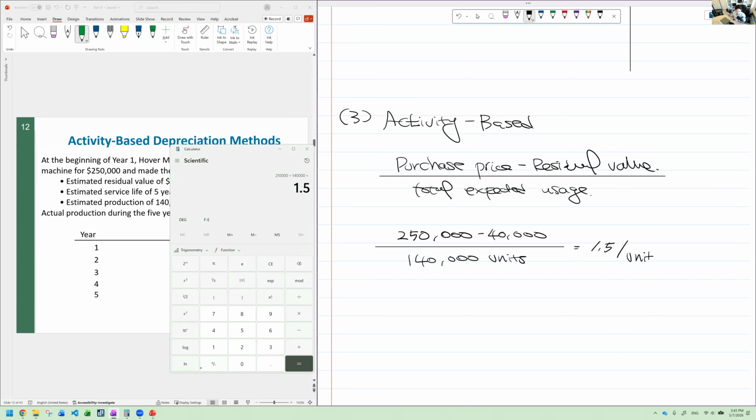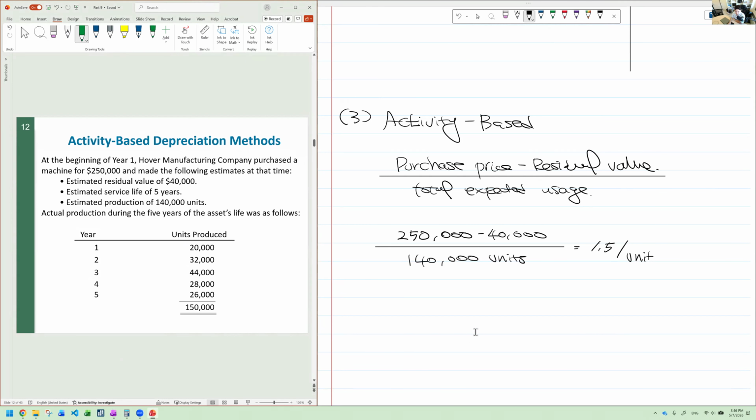So in plain English, it could be for every hour that you use the machine, we're going to depreciate it by $1.50. Or for every mile that you drive a truck, you're going to depreciate it by $1.50. So this is how you calculate the rate of depreciation using the activity-based method.